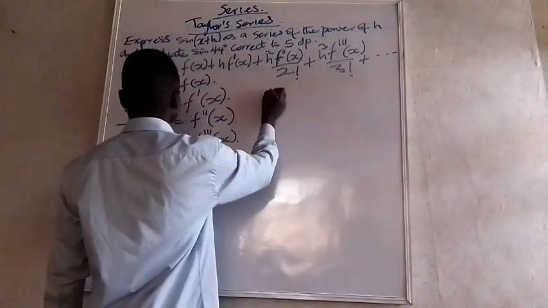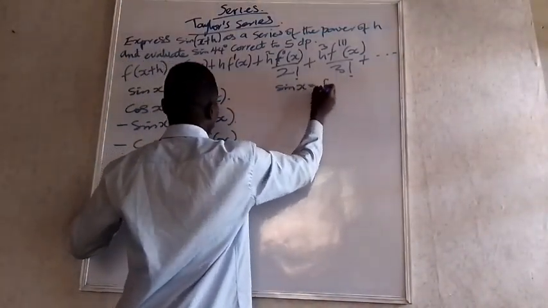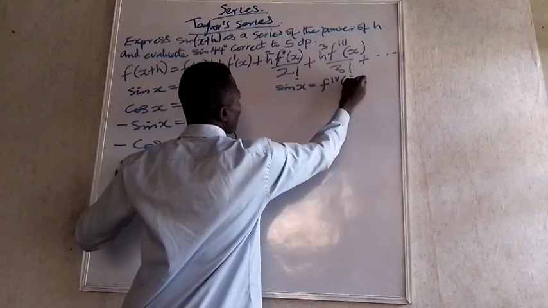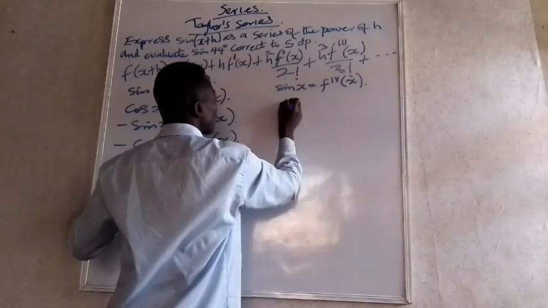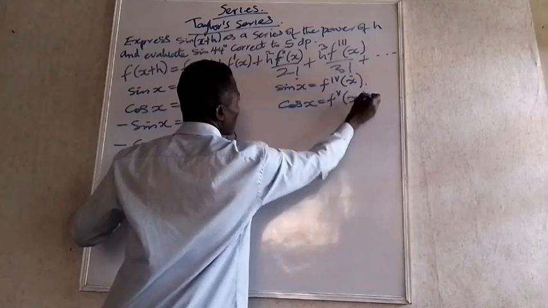Let me come to this side. So, sin x is the fourth, then cos x. I believe this should be enough.